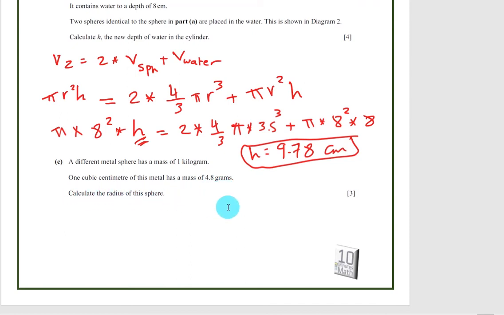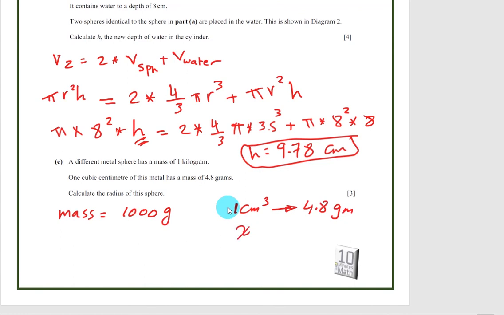Calculate the radius of this sphere. So 1 kilogram mass is equal to 1000 grams. 1 centimeter cubed of this sphere has 4.8 grams.